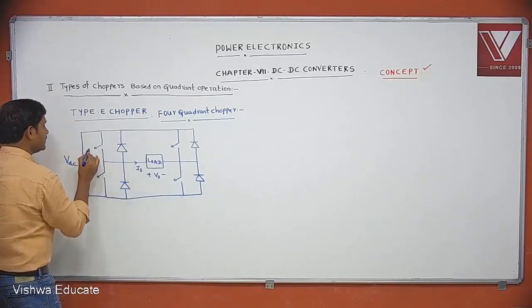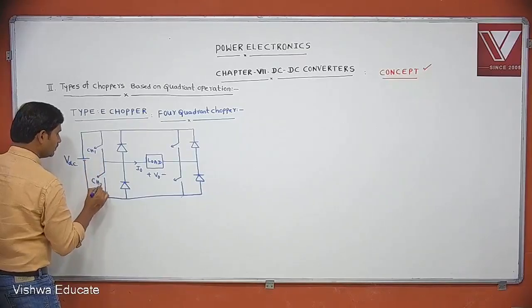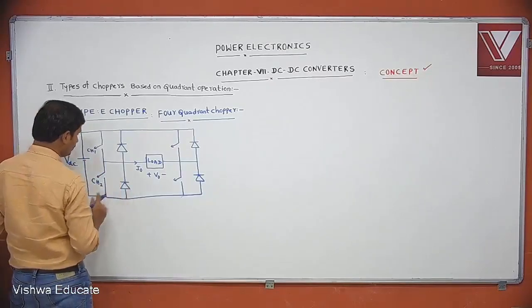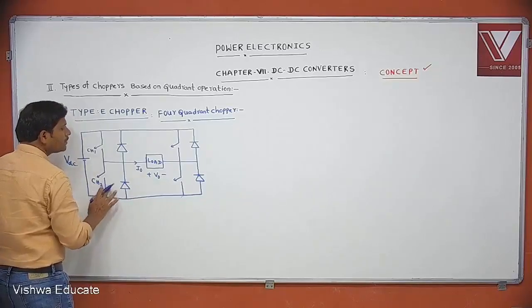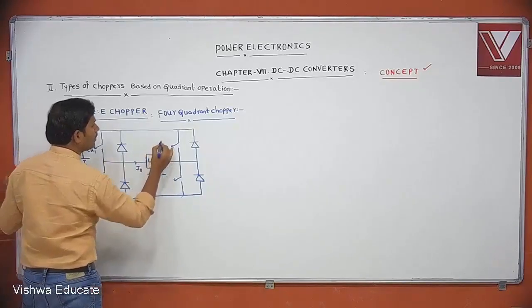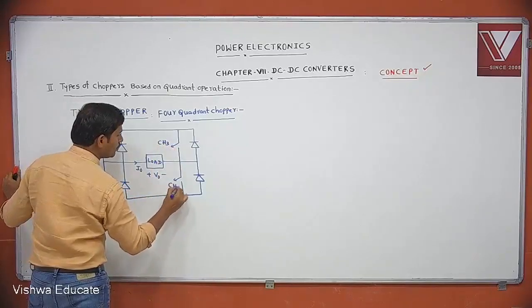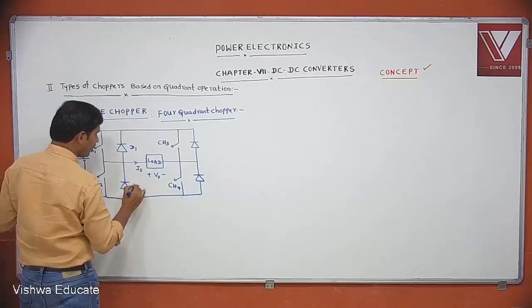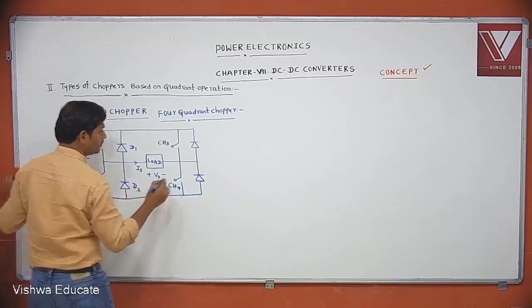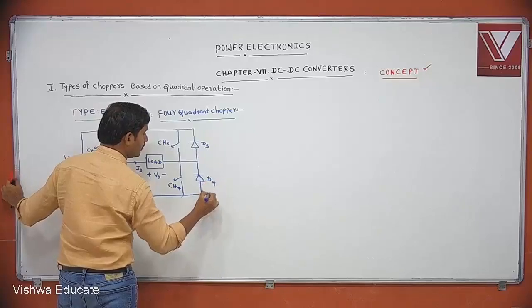This is CH1, CH2, CH3, CH4, D1, D2, D3, D4.